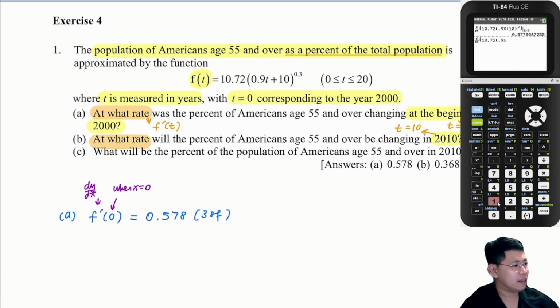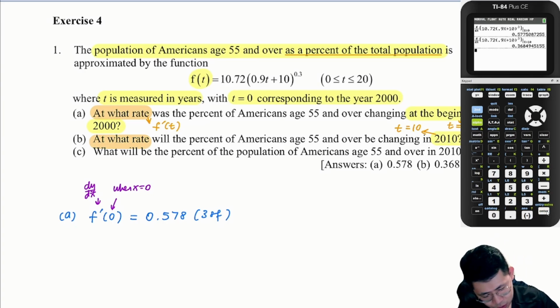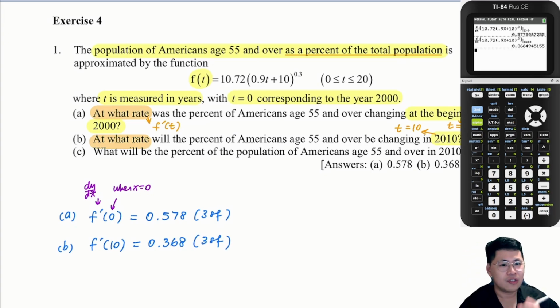I'm going to put in 10 over here directly. Don't waste time, this is a very time-saving thing. So I'm going to write f prime of 10, dy/dx when x equals 10, is 0.368 to 3 significant figures, just by using your calculator.